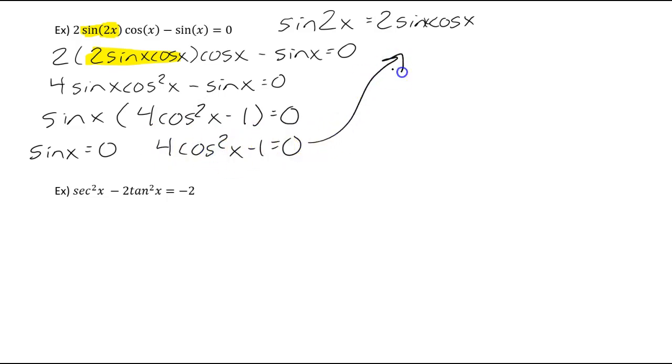So I'm going to bring this one up here because we know that this value is done. There's nothing else for us to solve for, but the other one I am going to have to do a little bit extra work. I can go ahead and add 1 to both sides, where I have 4 cosine squared of x equals 1. So now we can go ahead and divide by 4.